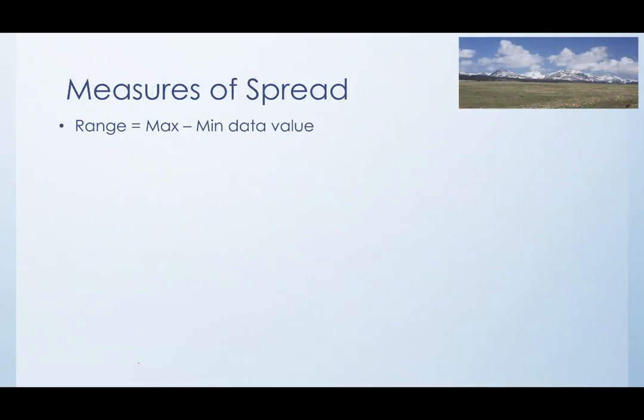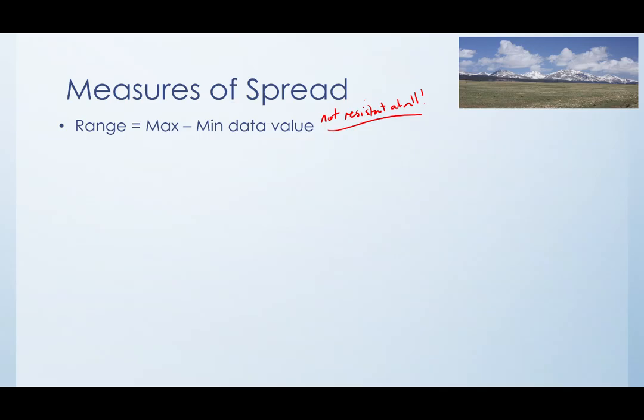Okay, so our measures of spread. First off, easiest, rarely used, we have the range. This is your maximum value minus your minimum value. This one is not resistant at all, because as soon as that highest or lowest data value changes, your range changes by however much it changed.